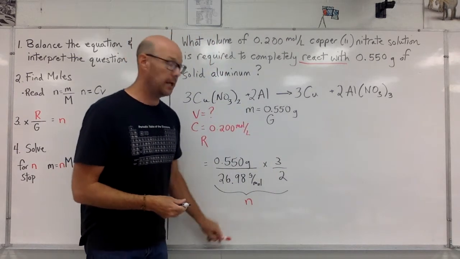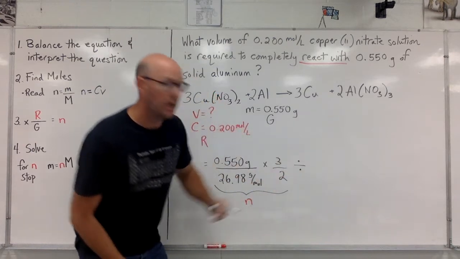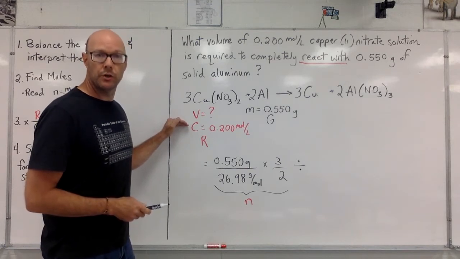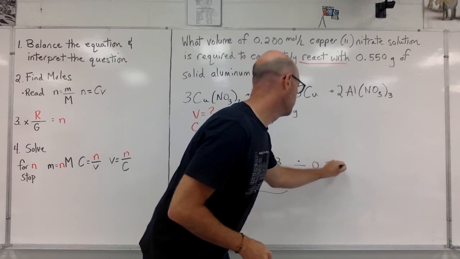So here, really important, we're going to divide by the concentration, 0.200 moles per liter.